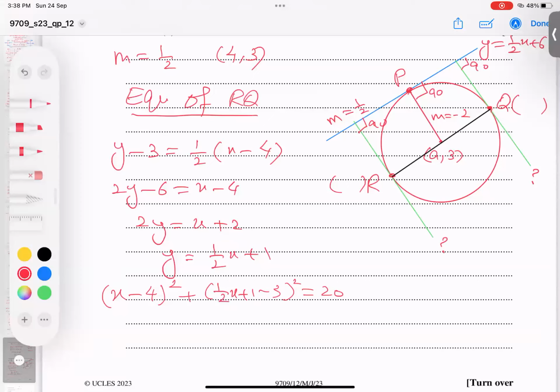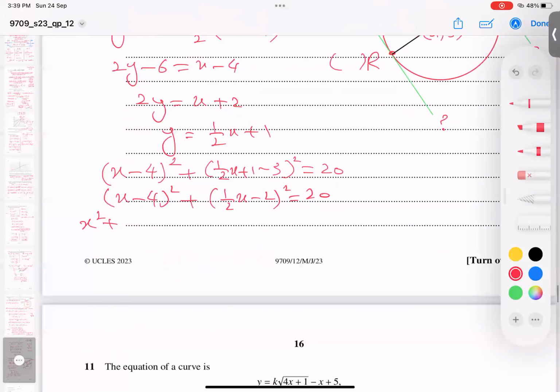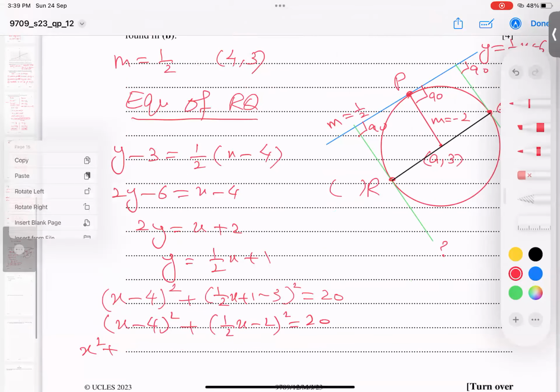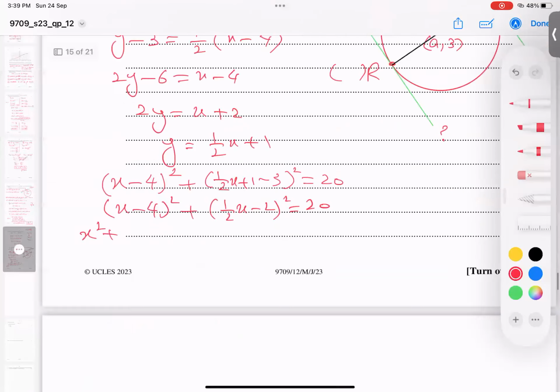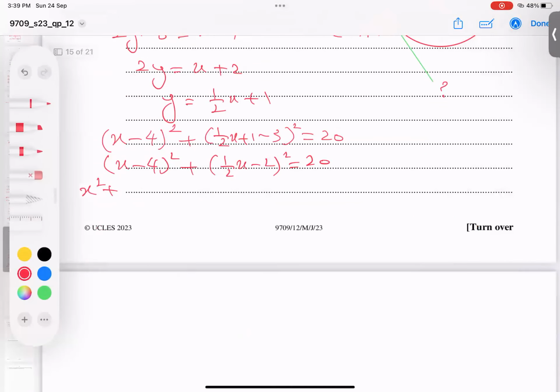So again, this is becoming x minus 4 whole square. And here I'm getting what, student? Half x minus 2. Here expanding, x square and plus, first term square, 2 into first term into second term plus second term square.